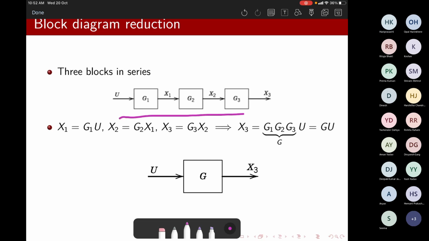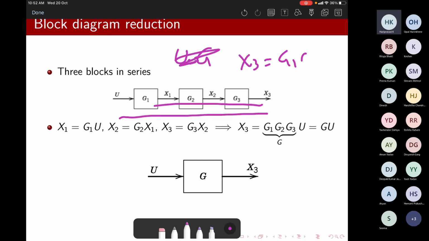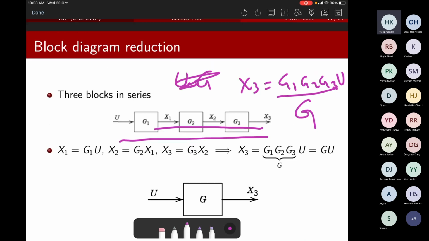If there are blocks in series, your input u has been transformed through 3 different transfer functions to get x3, and by the multiplicative rule, x3 is equal to g1 g2 g3 times u. And g1 g2 g3 can be replaced by a new g, because eventually when you multiply it will boil down to a single transfer function.